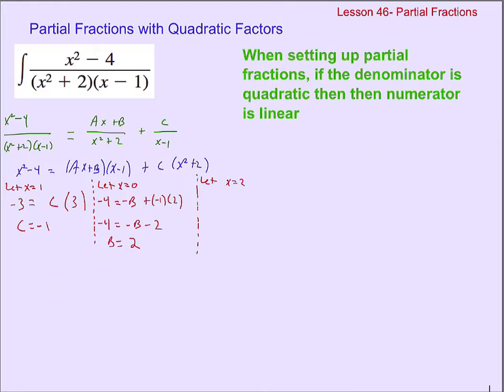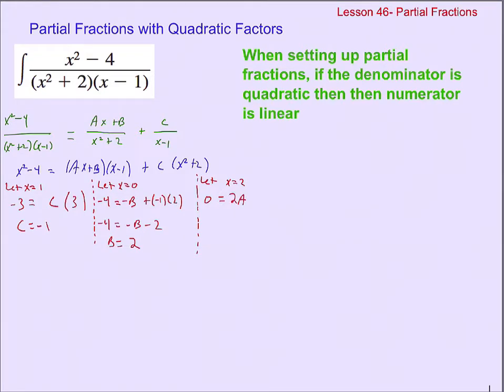If x equals 2, then our equation would be 2 squared minus 4. Well, that's 0. That's nice. Equals a times 2. Remember, we don't know what a is, so we're still going to call that 2a.